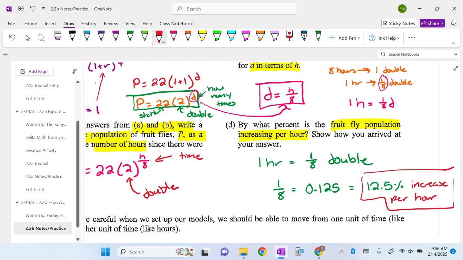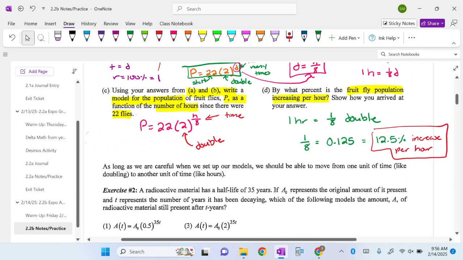Because sometimes they may say they double every 2 hours. So what is that in terms of minutes? Sometimes you have to convert to get the correct units of time. So you got to kind of go around your butt to get to your elbow a little bit.